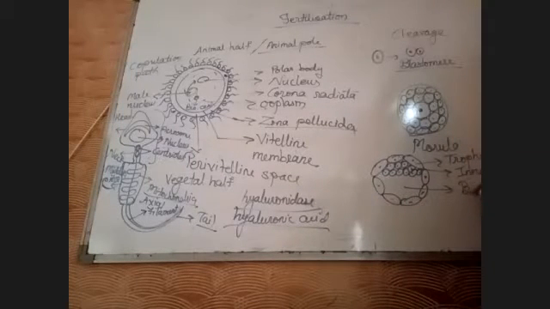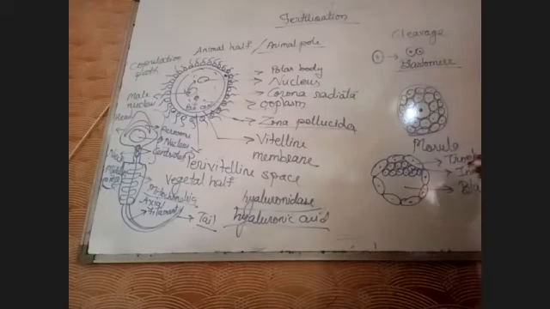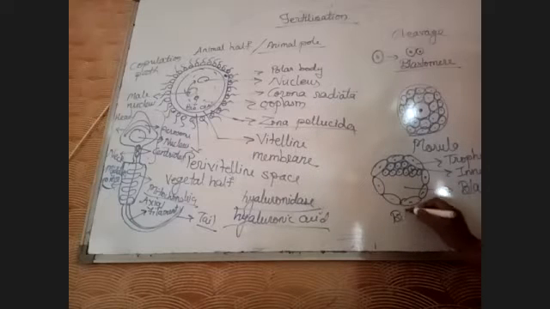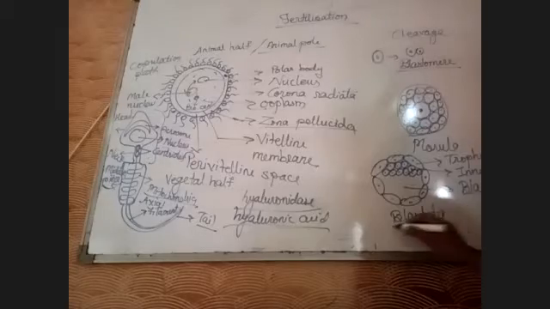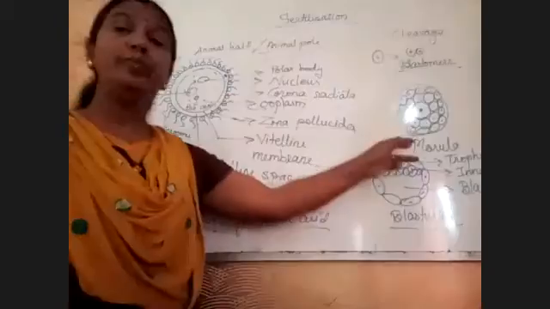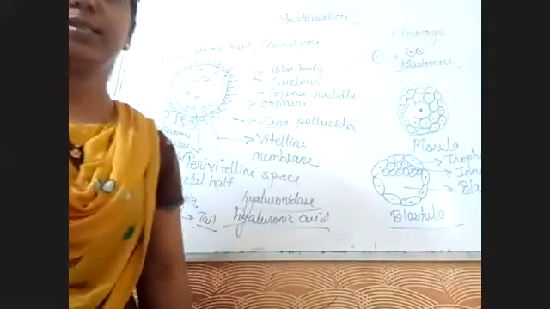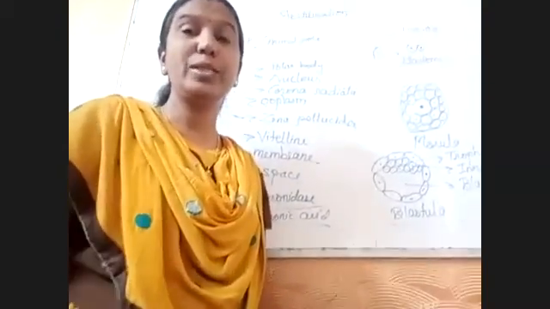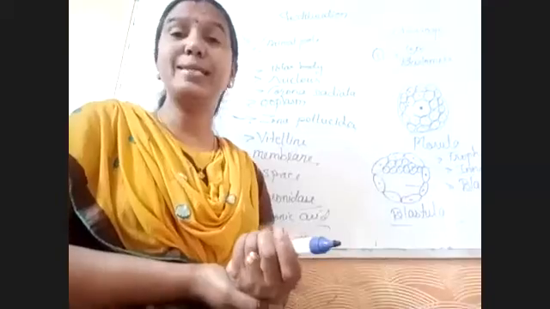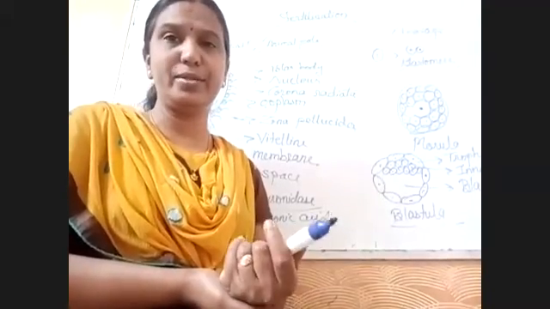That space is called the blastocoel, and the structure which contains the trophoblast, inner cell mass, and the blastocoel is called the blastula. The process of formation of this blastula from the morula is called blastulation. This process takes place up to the 6th day after fertilization.